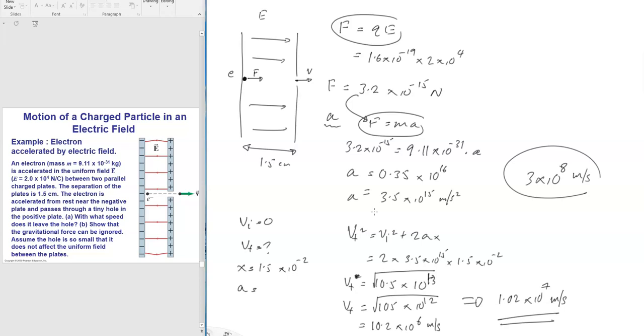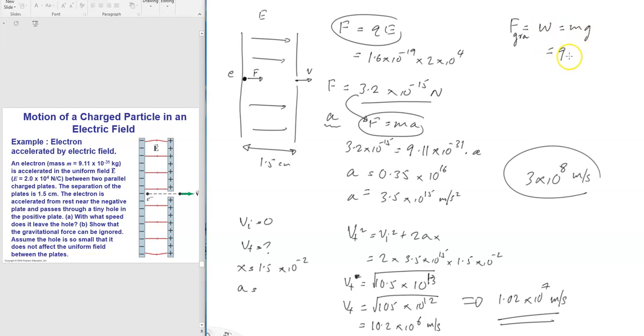Part 2 says compare this to the gravitational force. Well, the force on this electron is this. What's the gravitational force acting on the electron? Gravitational force, or in other words, its weight. W is mg.